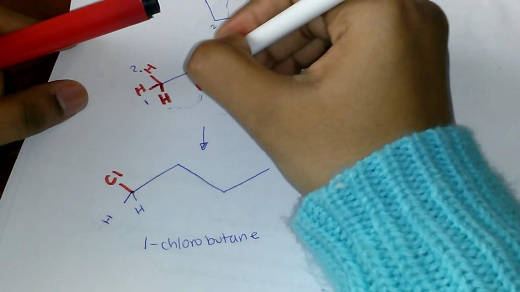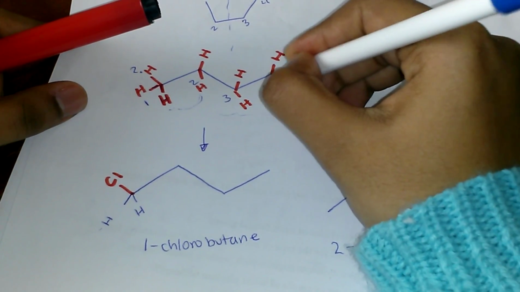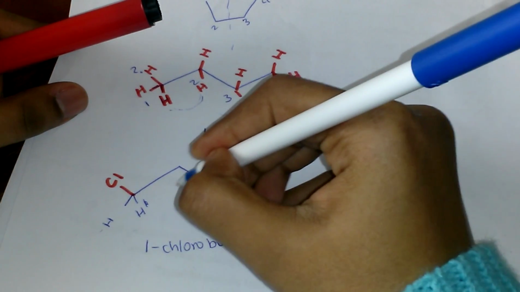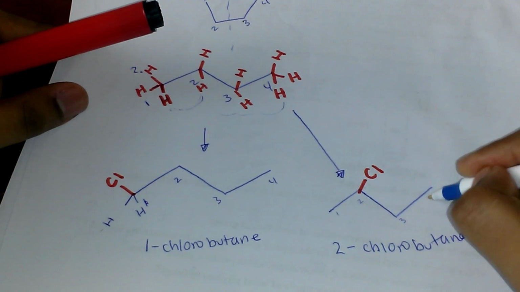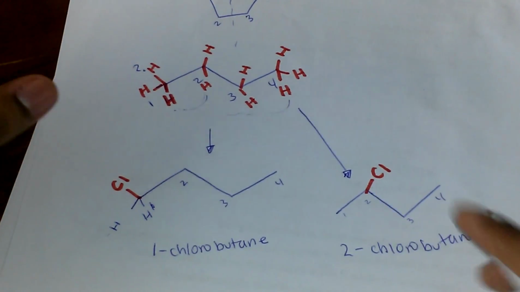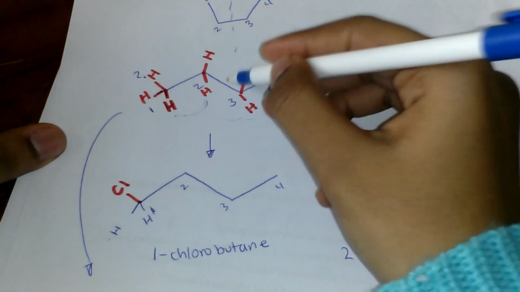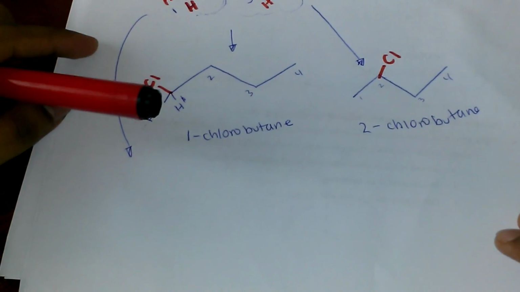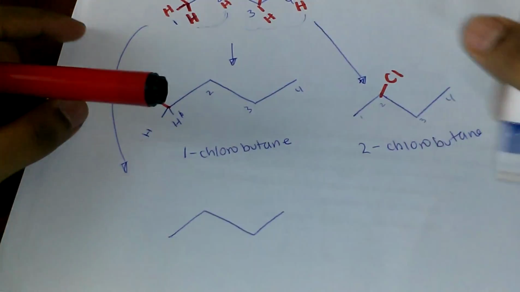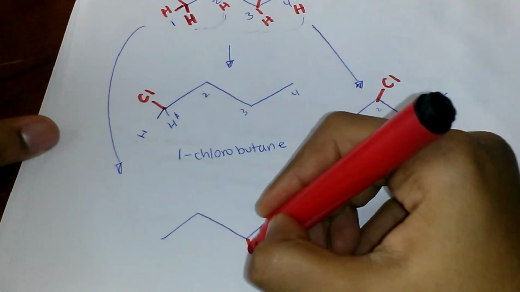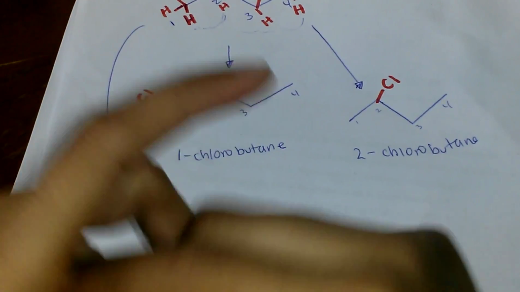I'm going to actually number these: 1, 2, 3, 4. 1, 2, 3, 4. Okay, now I'm going to take the 3rd carbon and write Cl.